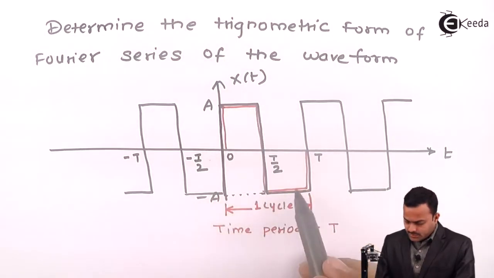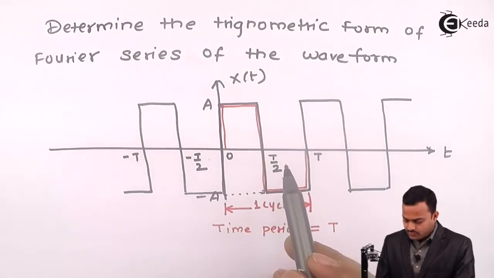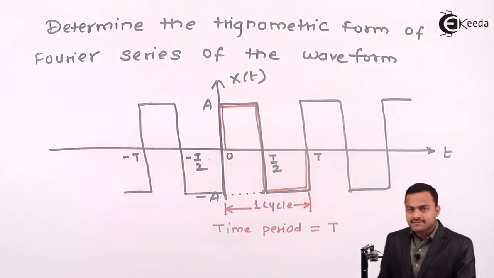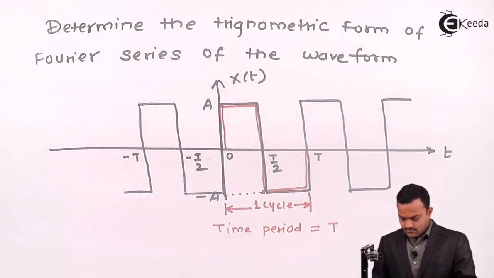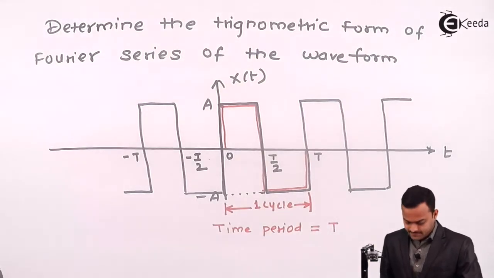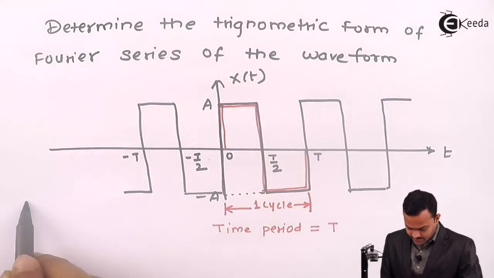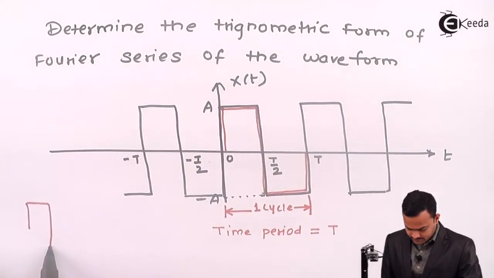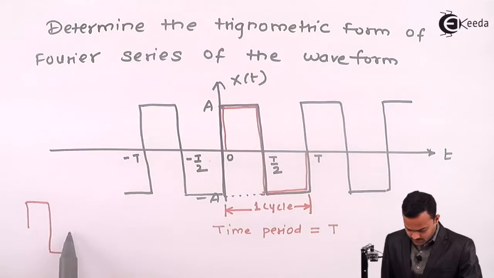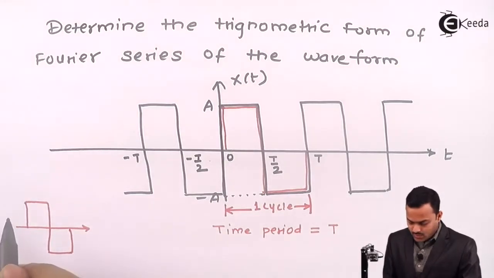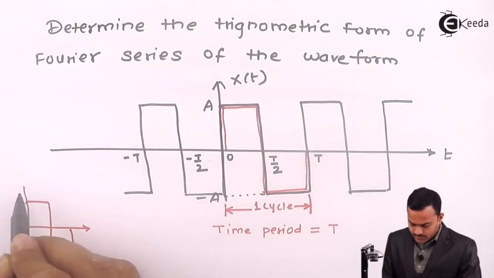Now only this particular waveform we need to find out for the application of a Fourier series. So now I will take this cycle aside. I will get it like this. Why is this required? Because now we are going to convert the waveform into an equation.